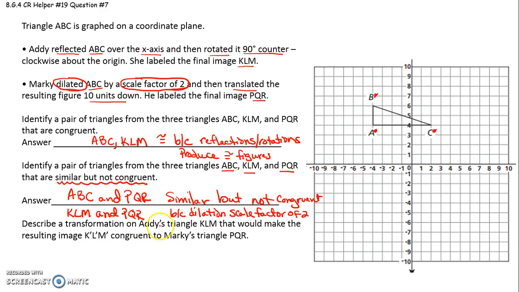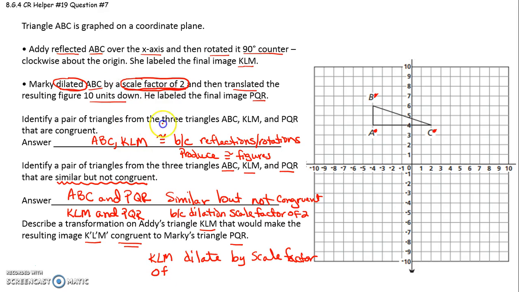Now describe a transformation on Addie's triangle, KLM, that would make the resulting image, K prime, L prime, M prime, congruent to Markey's. Well, what we have to do is take Addie's KLM, dilate it by a scale factor of, let's see, what's the scale factor have to be?